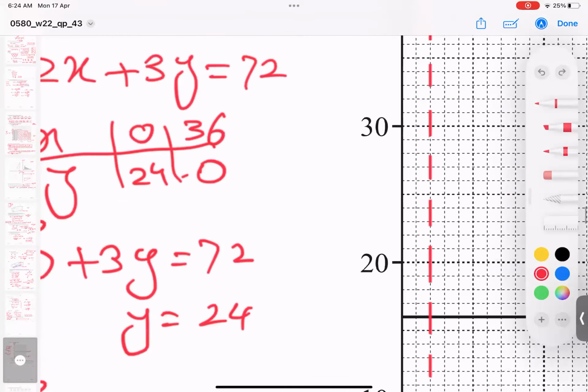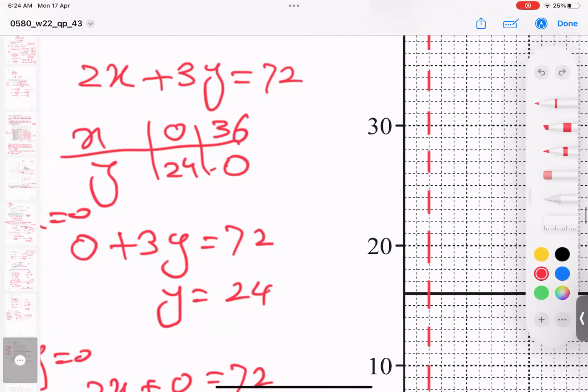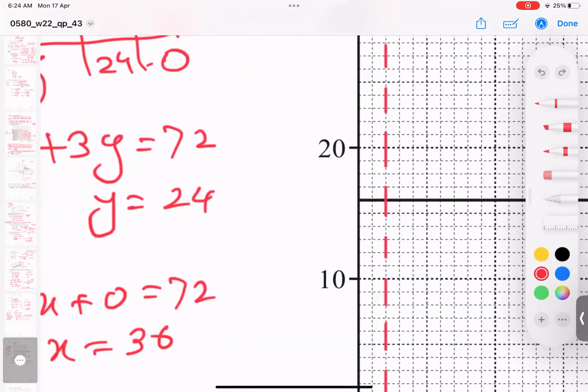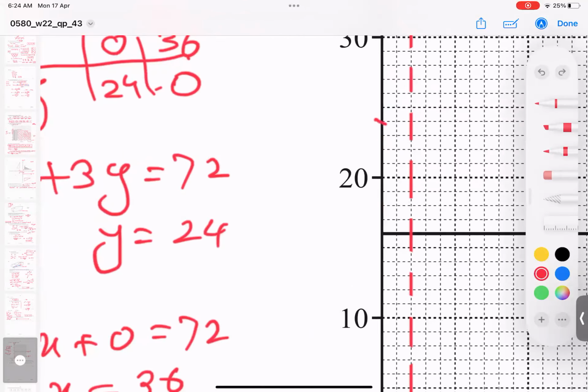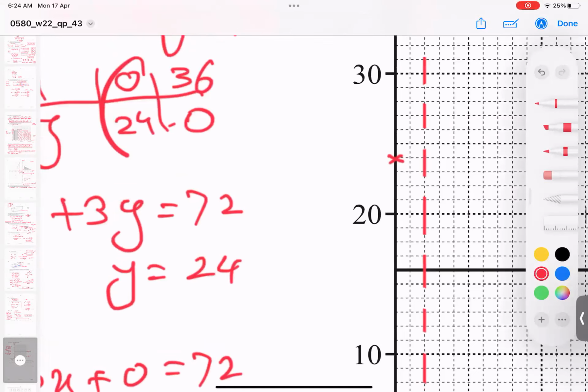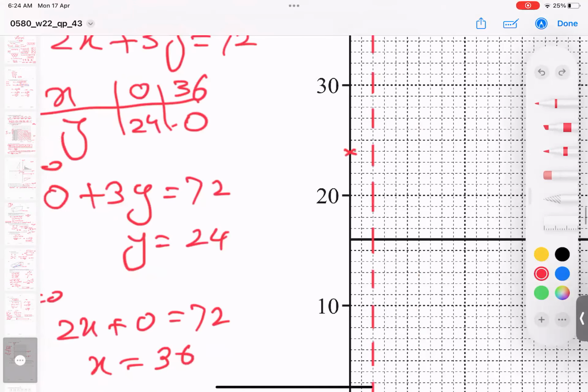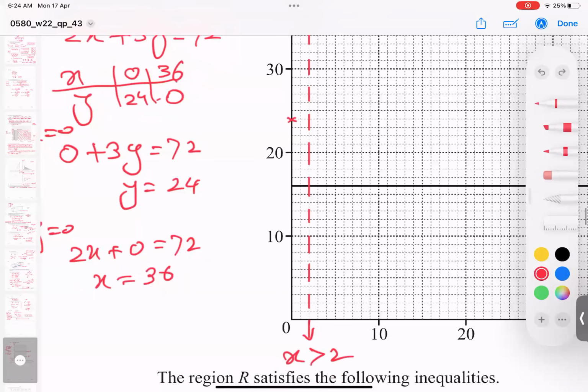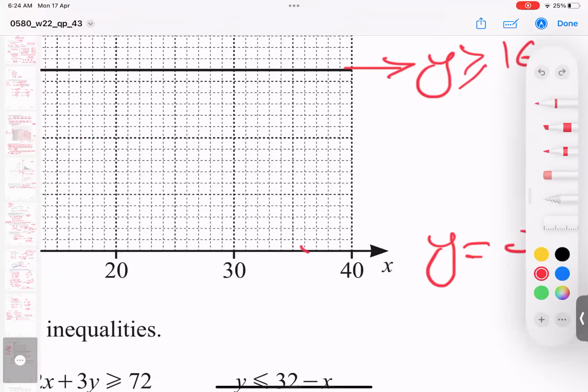So it means x equals 36. This is called one pair: x 0, y 24. So look at here, for your knowledge, here x 0, y 0, x 0, y 10, x 0, y 20, and x 0, y 24. So this is the number I am looking for. See, x 0, y 24. Now x is 36, y 0. It is along the x-axis. 36 is here.